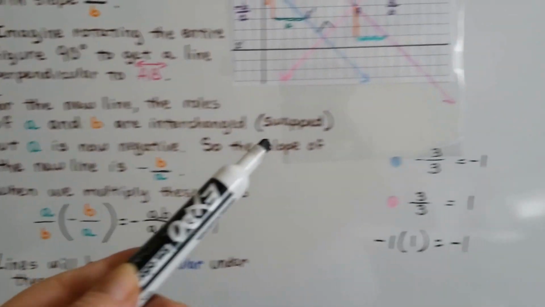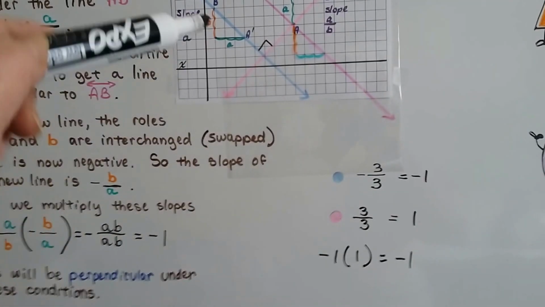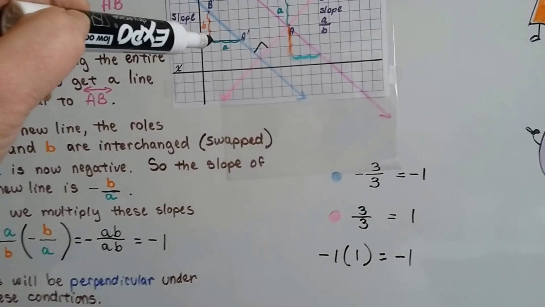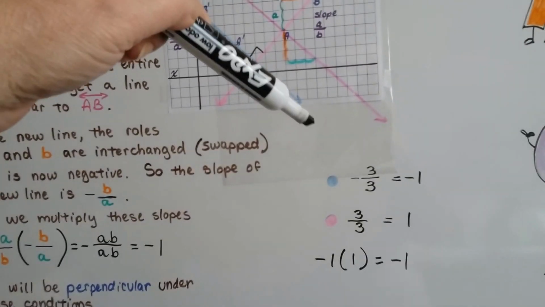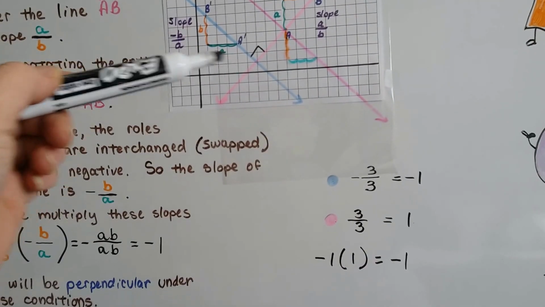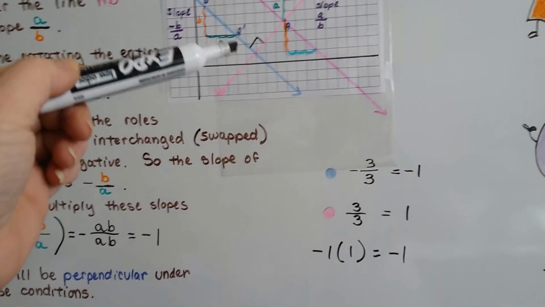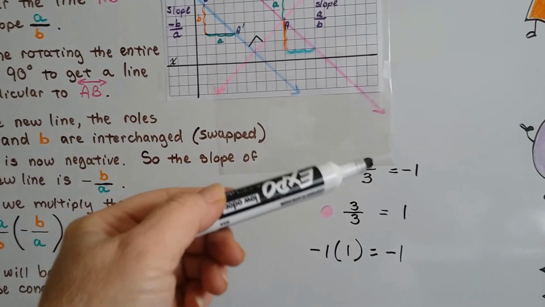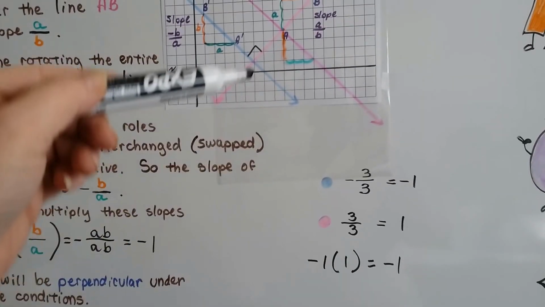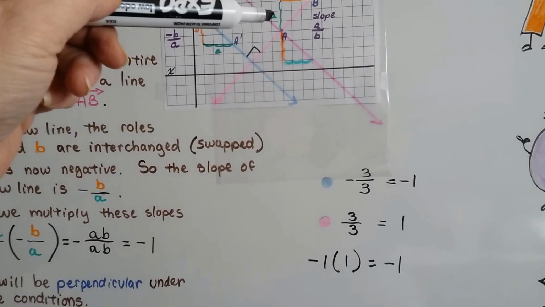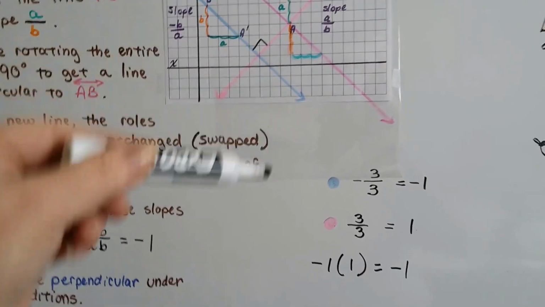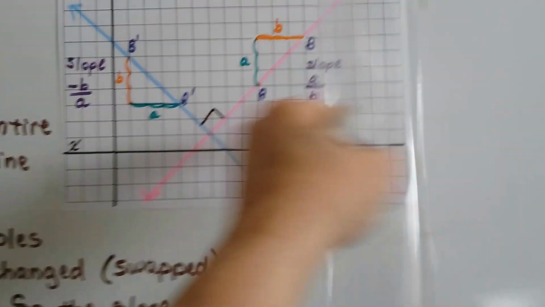So if we were to look at it this way, the blue line has a negative 3 rise. See, it's going down. It's falling to the right. And the run is a 3. 1, 2, 3. See it? And negative 3/3 is negative 1. And look at this one. We've got, for the pink one, let me remove this.